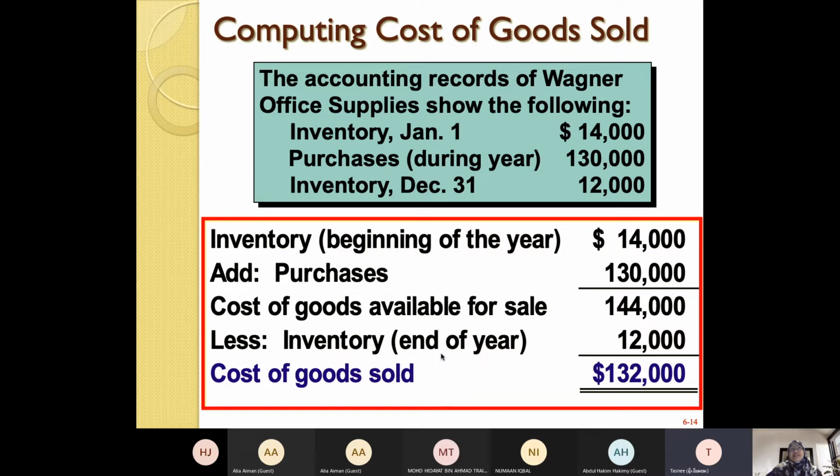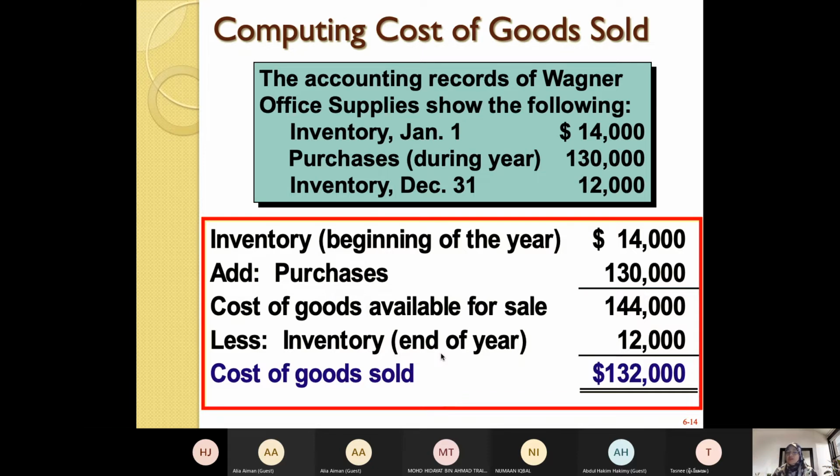This one is a logic for small companies, all right? How do you decide on your cost of goods sold when they don't monitor the sales, when they don't have an inventory account? So what they do is: I have this amount at the beginning of the year, and I purchase this amount, 132,000. So for the year I have 144,000 to make sales.